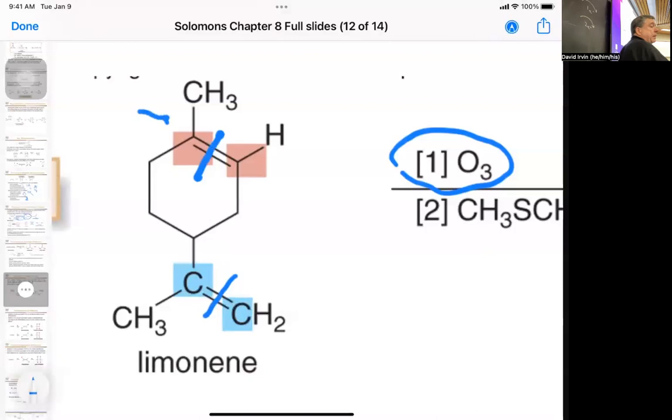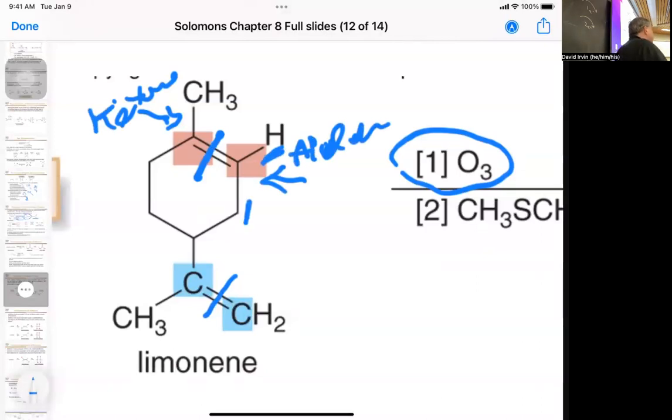This side is going to give a ketone. We see why. There's already two carbons attached to the carbon with the double bond. So it's going to put an oxygen where that carbon double bond was and give us a ketone. This side is going to give us an aldehyde because we have one carbon and one hydrogen.